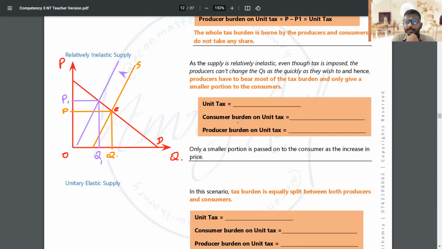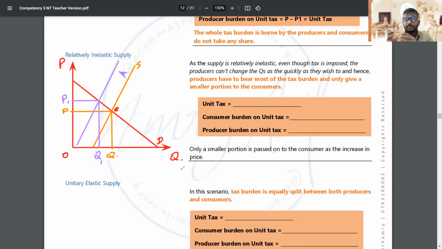Okay, fine. Now looking at this, we can decide who is bearing most of the share. And one important thing, some 2023 students might not know this if you haven't started chapter 3. Whenever we talk about the tax burden, who takes more, who takes less, we call that tax incidence.